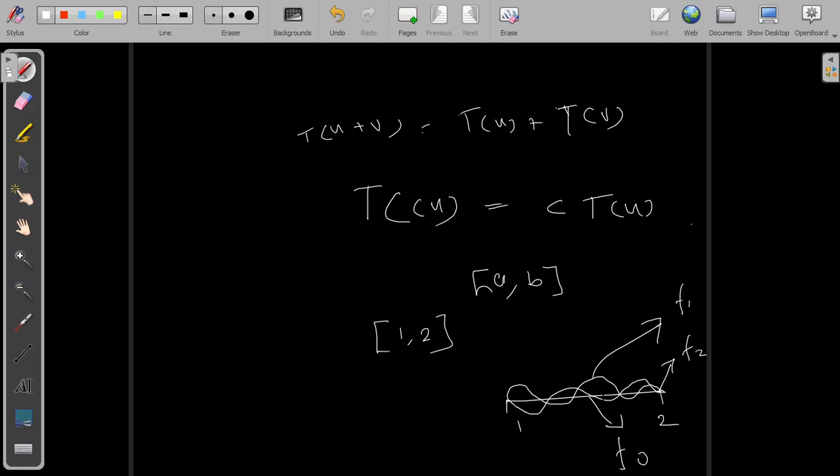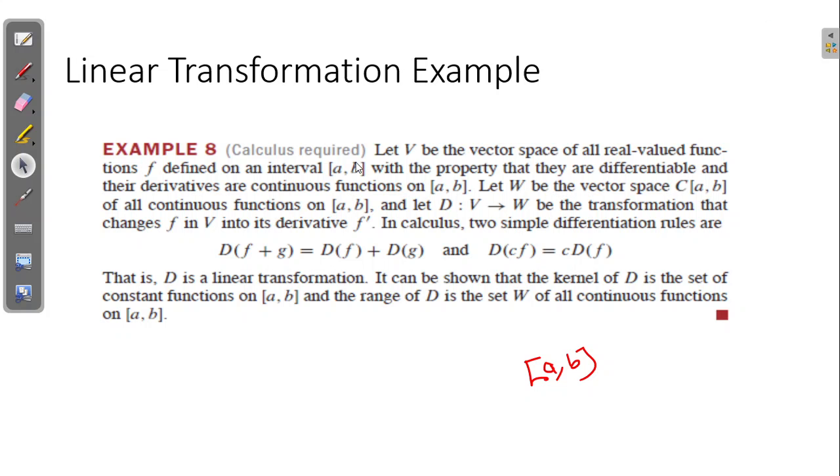So you can define infinite number of functions between 1 and 2, right? Similarly, in general the author has taken an interval AB and says V is the vector space of all such real valued functions f defined on interval AB. That means f0, f1, f2, f3, and so on. So these form the vector space.